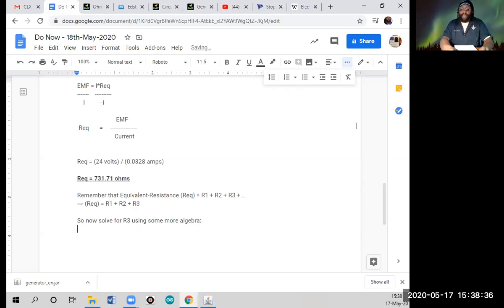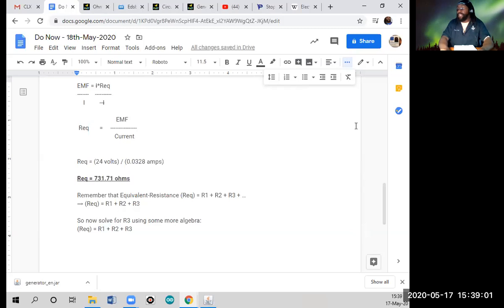So what does that look like, right? I'm not going to use arrows for this because we got to do some things. Well, I know that I want to remove R1 and R2 from the situation. So they're addition mathematical operations, so I have to do the reverse of addition. That's subtraction. Remember, algebra states what you do to one side, you do to the other.